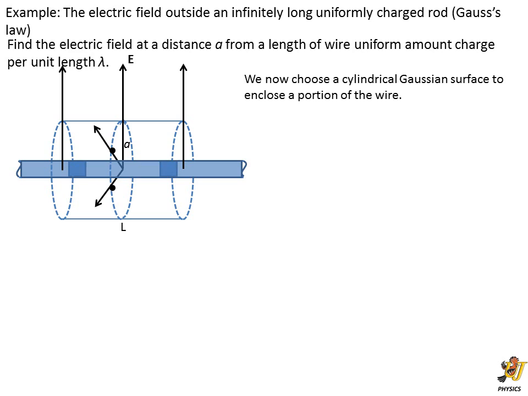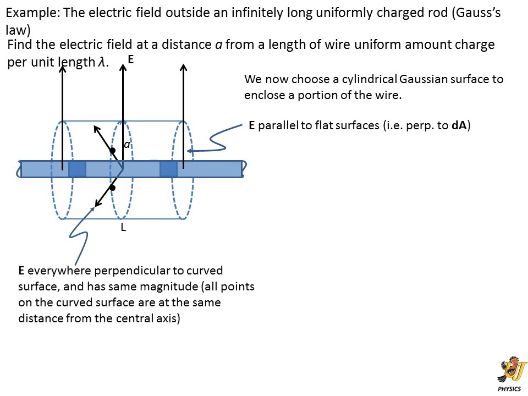If we now choose a cylindrical Gaussian surface to enclose a portion of the wire with length L, and we look at the electric flux that passes through the surface, we realize that, first of all, the electric field is everywhere parallel to the flat sides of our Gaussian surface, which means it's perpendicular to an area vector on that surface, and the electric field is perpendicular everywhere to the curved surface of this Gaussian surface that encloses the portion of the wire.